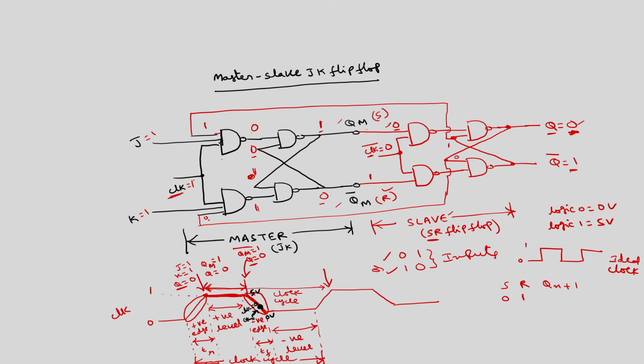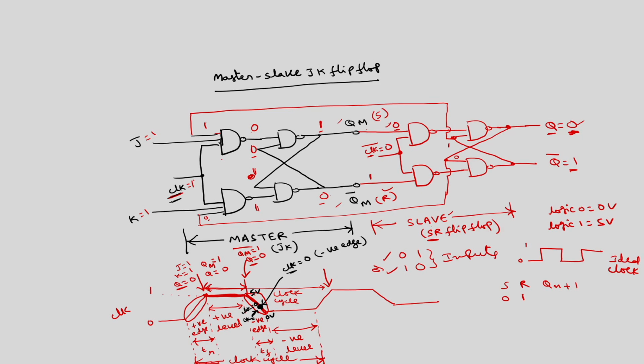Okay. So, at this point what happens? This master will now be disabled. This is exactly the point where we are assuming that this clock is equal to 0. This is now the negative edge. So, when clock is equal to 0 at this particular point, what will be the status of the signals at different points?